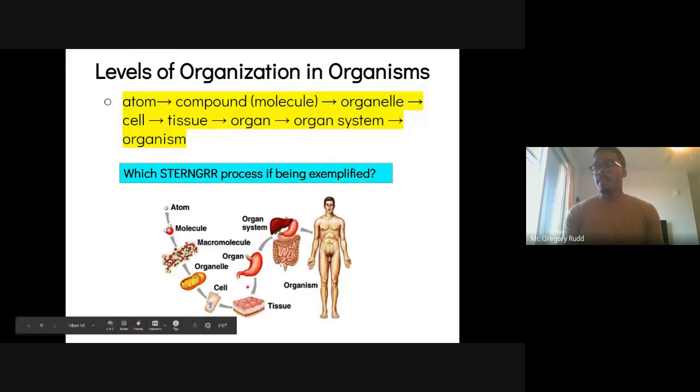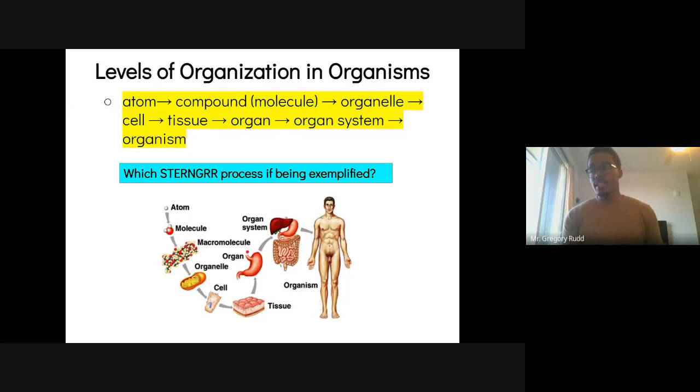So here's an image of the stomach. When we combine several different types of tissue, we create an organ. When we combine several organs, we create an organ system. So this is the digestive system. You can see the organs that make up the digestive system. They're not quite showing the esophagus here, but typically the mouth and the esophagus are an important part of the digestive system as well.